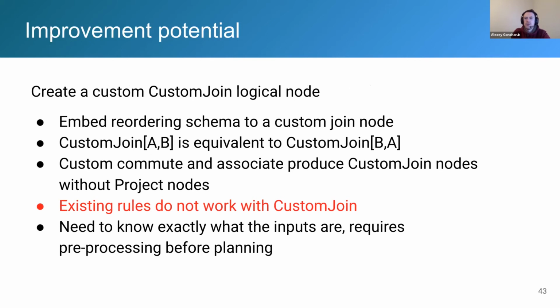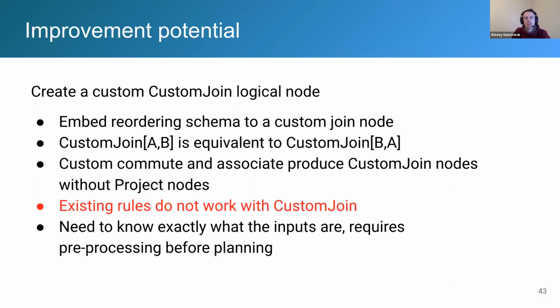Obviously, since we're introducing a new logical operator, existing rules would not work with such join. But it's efficient to run some estimates.